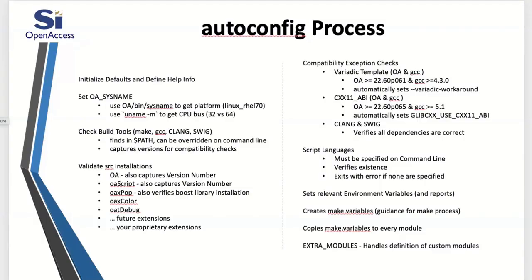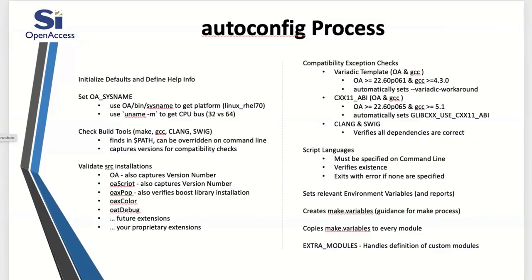So there is a check performed on the version of OA and GCC for the Variadic template, where if you're using OA version 22.60 patch level 61, then you've got to be using GCC version 4.3 or greater. I'm sorry, if you're using that particular version of OA or greater, then you need to be using GCC version 4.3 or greater.